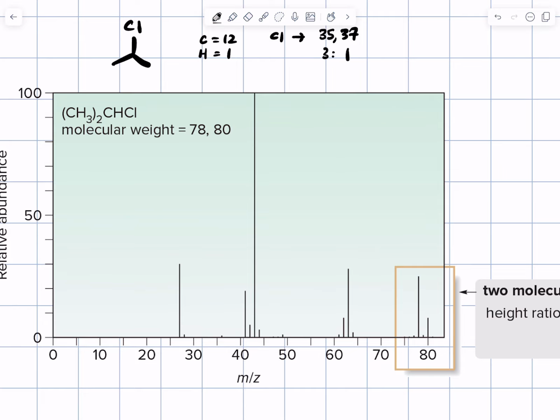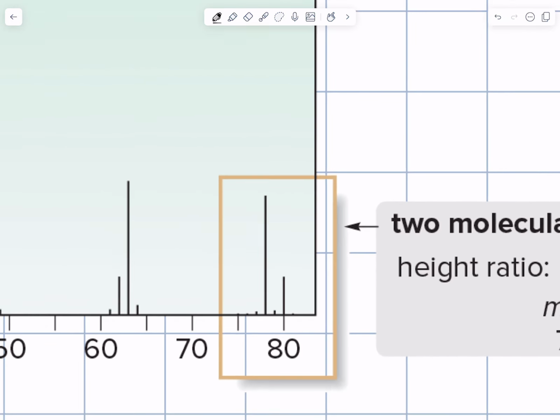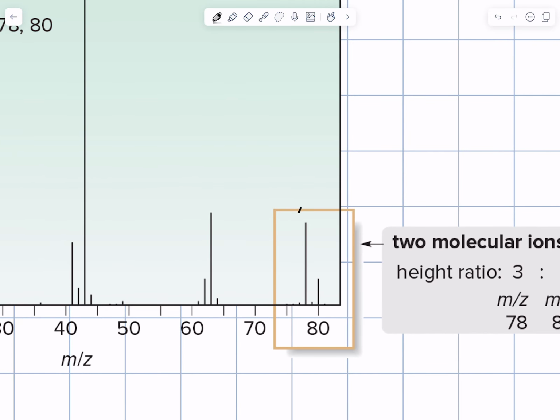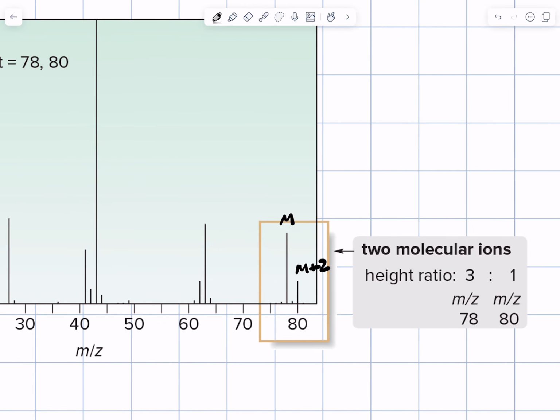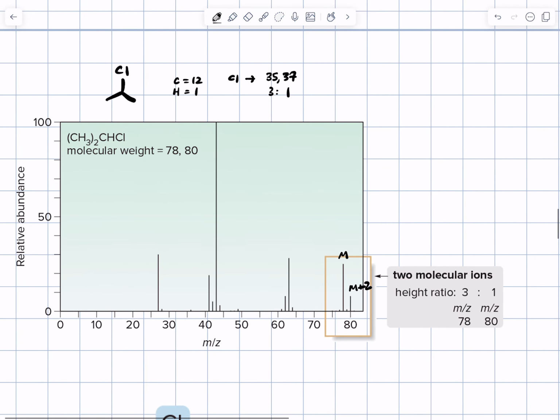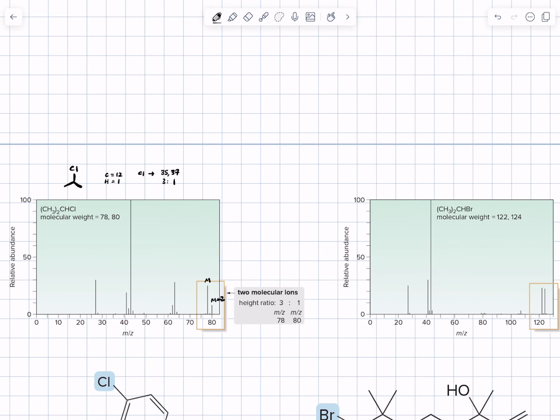And indeed, if you zoom in, you see the M peak at the expected molecular weight for Cl35, and then the M+2 peak at the expected M over Z ratio for Cl37. So if you see that characteristic 3 to 1 ratio, that's like, oh, there's a chlorine there, which can be useful, especially if you don't know what the formula of your molecule is.